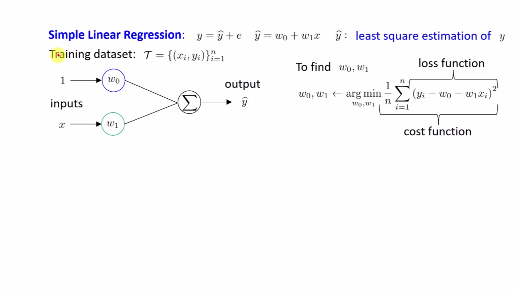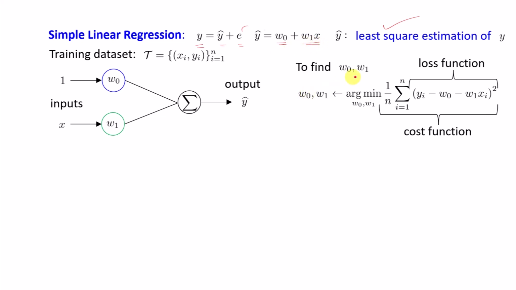Let us take a moment and revise what we have learned from simple linear regression. We had a training dataset xi, yi, i goes from 1 to n, and the response y is y hat plus a residual. Y hat is our least square estimation of y, which we have assumed for simple linear regression to be W0 plus W1x.